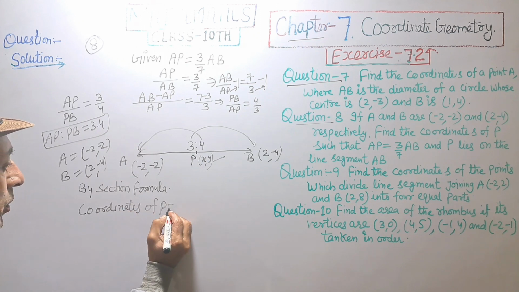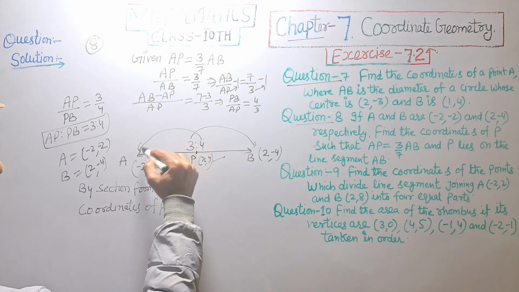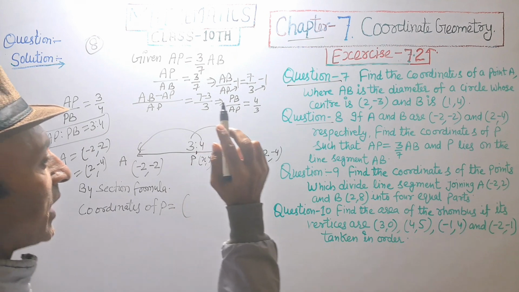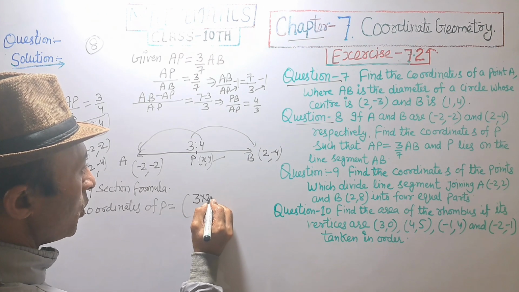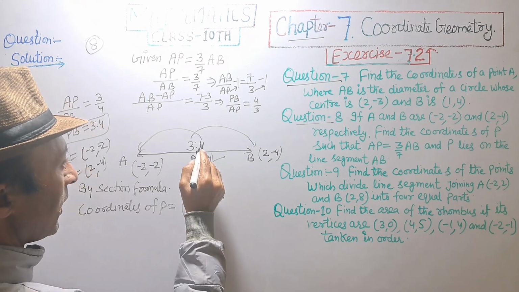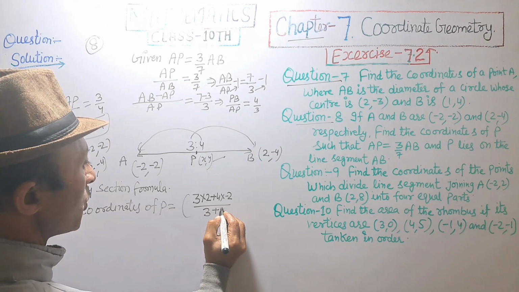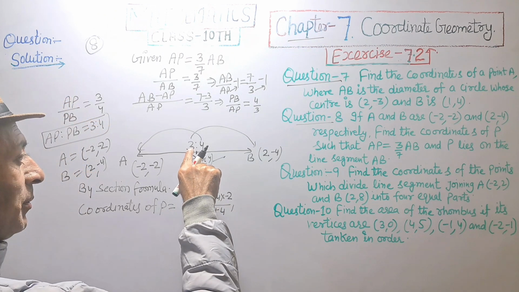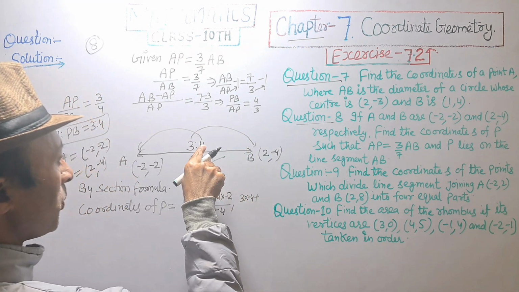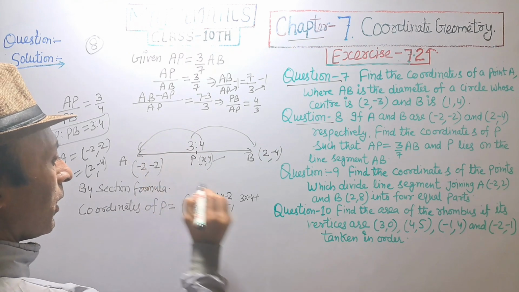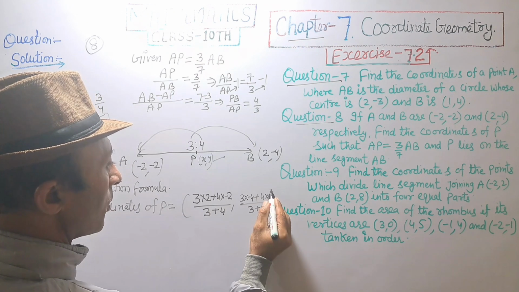Coordinates of P is equal to (m1x2 + m2x1)/(m1 + m2), that is (3 multiplied by 2 + 4 multiplied by -2)/(3 + 4), and similarly (3 multiplied by -4 + 4 multiplied by -2)/(3 + 4).